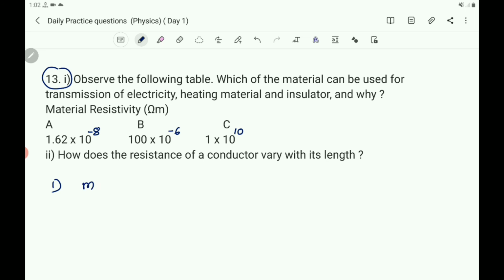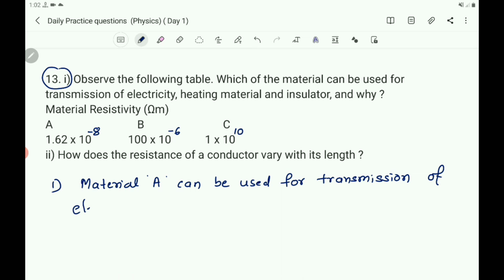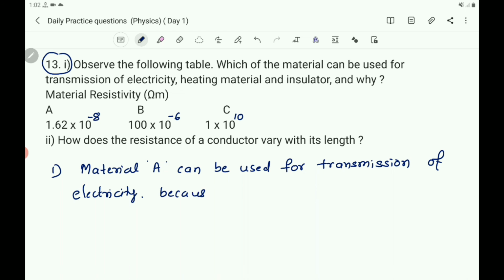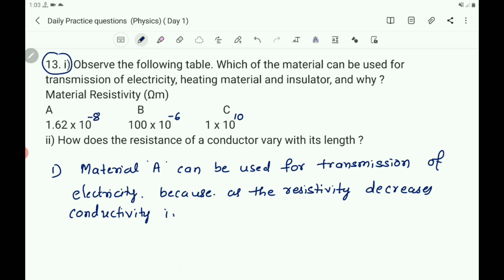So first you write the answer. Material A can be used for transmission of electricity because as the resistivity decreases, conductivity increases.